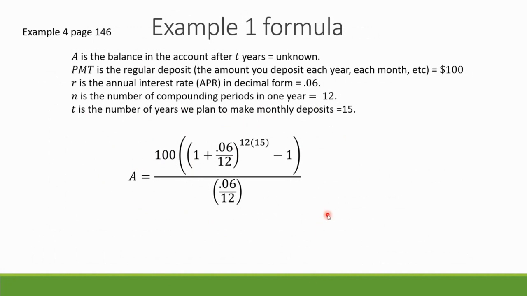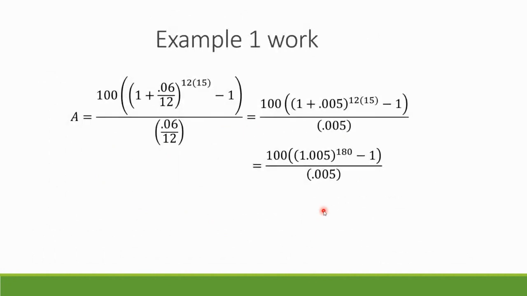Okay, so we have all this. And again, you want to handle it one step at a time. I mean, you could work out each individual step in Excel. I think I mentioned that when I did chapter 6. But if you do this, 0.06 over 12 is 0.005, right? 12 times 15 is 180, as you can see. 1 plus 0.005 is 1.005, okay? This stuff you would have to do in a calculator.